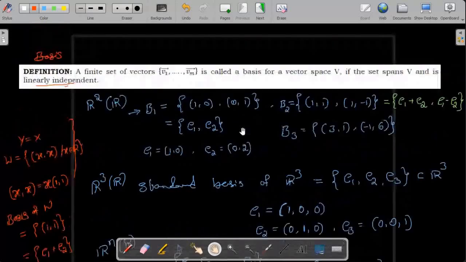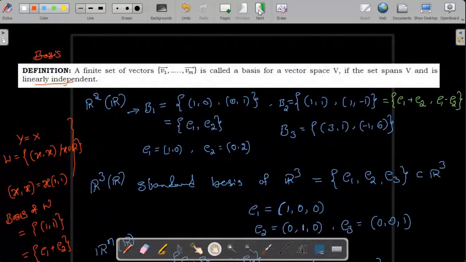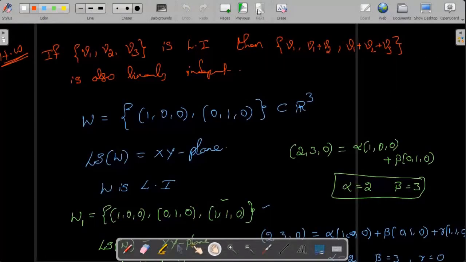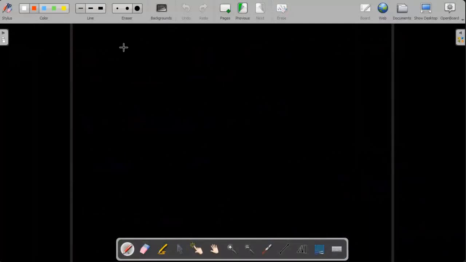Let us see what is the importance of this field set. So suppose I take R2 over R, this is my vector space. So it is the set of all vector elements in R2 over the field of real numbers.